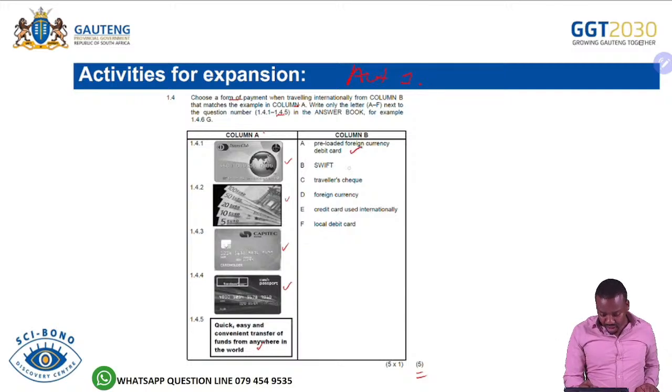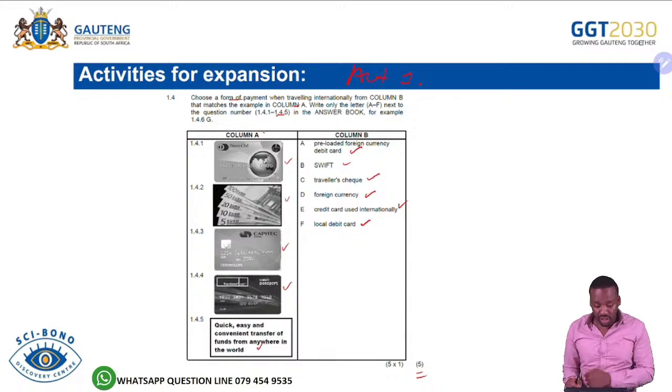And then B, we've got SWIFT. And then C, we've got traveler's check. And then D, we've got foreign currency. Then E, we've got credit card. And then F, we've got local debit card. Now we need to try to match this.